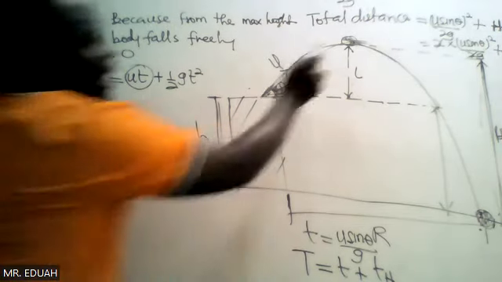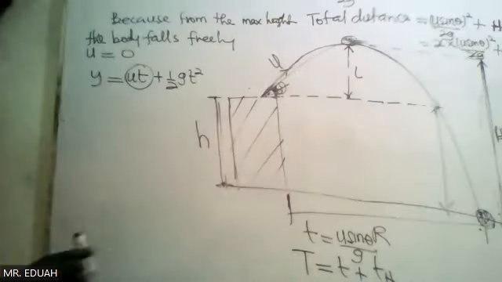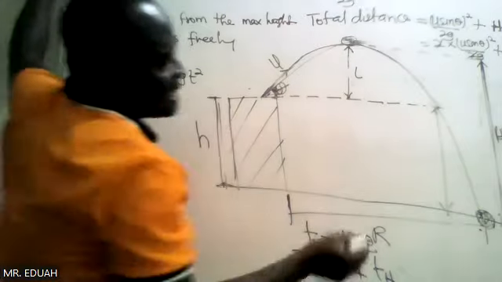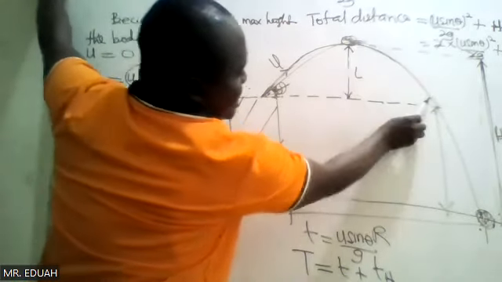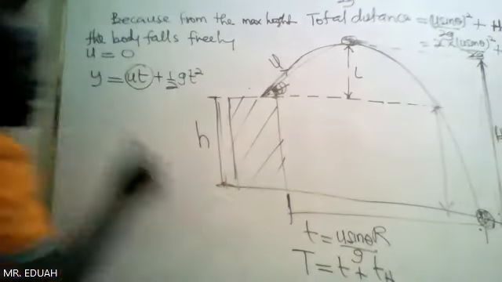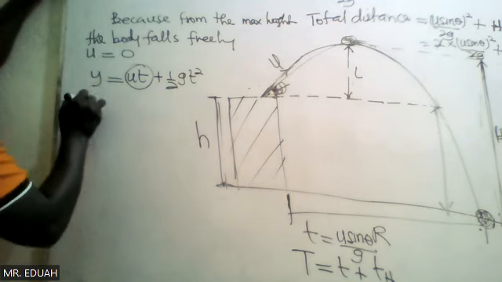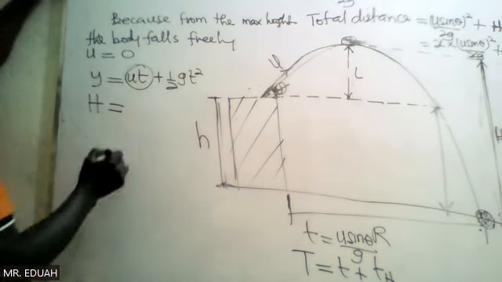What is y? y is this height from the maximum height to the ground, which I can determine from the time taken to move from here to this level plus this. So all that I'm saying is that that distance or height is H. This is 0 because u is 0.